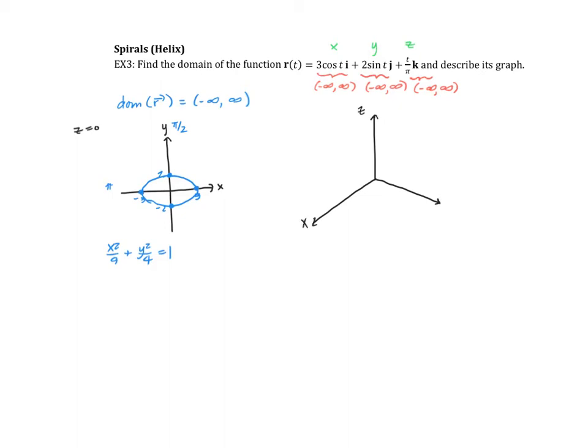I would first graph that initial, maybe I'll do some dotted lines, that initial curve that we looked at, that ellipse. Remember, it's wider on the x and smaller on the y.